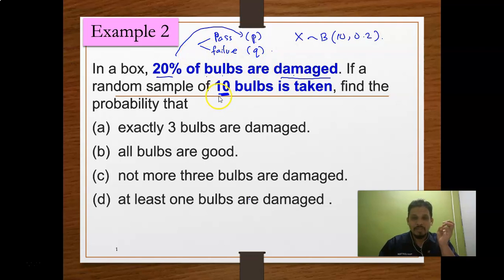So please understand the question carefully. It's not that pass means things are in good condition in all cases. P is based on the topic here, 20% of bulbs are damaged.